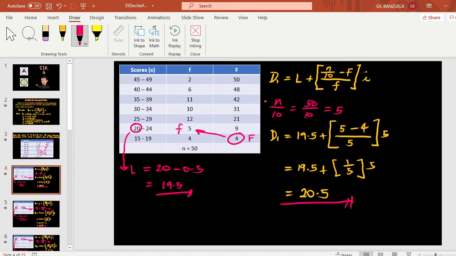Let's solve for the value of n over 10. Since our sample size is equal to 50, 50 divided by 10 gives us 5. Take note that the cumulative frequency should not exceed the value of kn over 10, so that's why our cumulative frequency is 4.